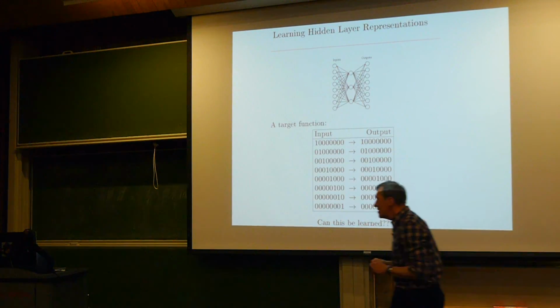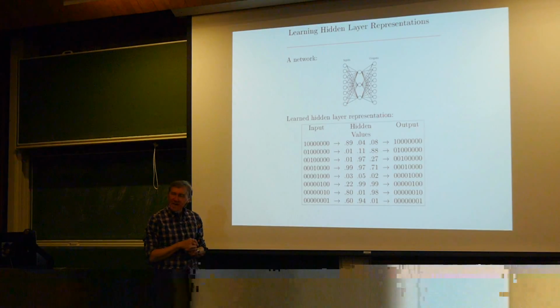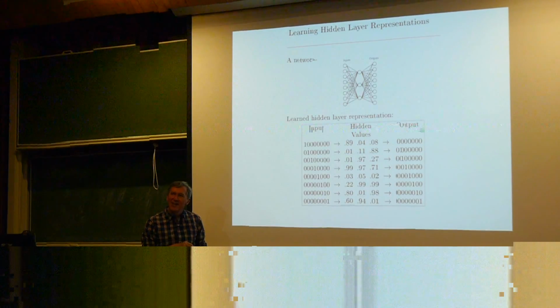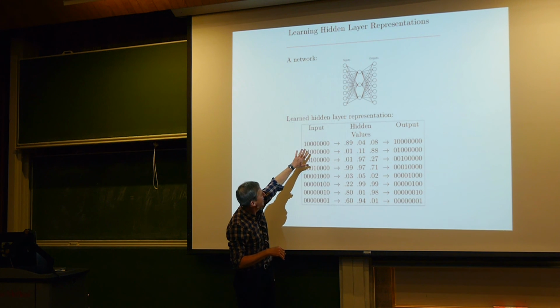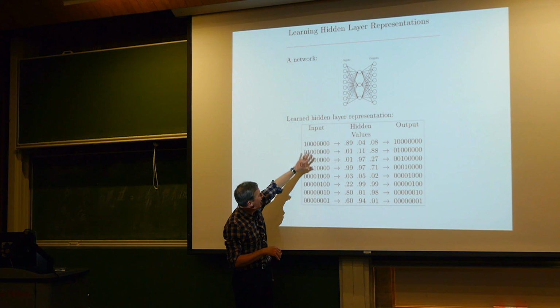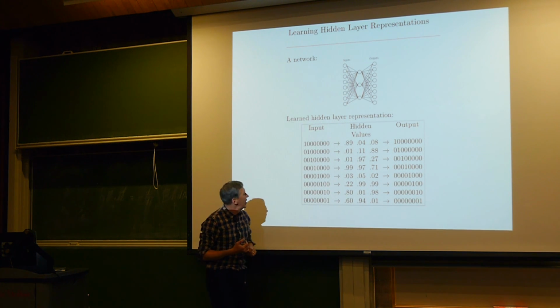So when you train this, here's what happens. It's successful, despite the fact that I'm asking it to encode a bit string like this also at the output.